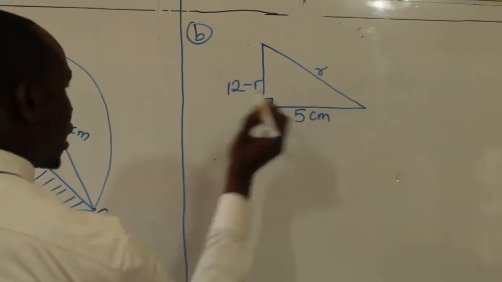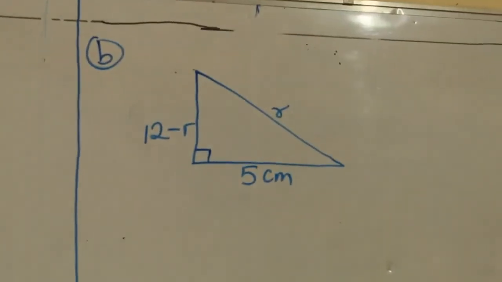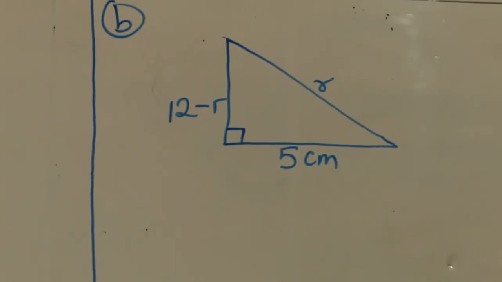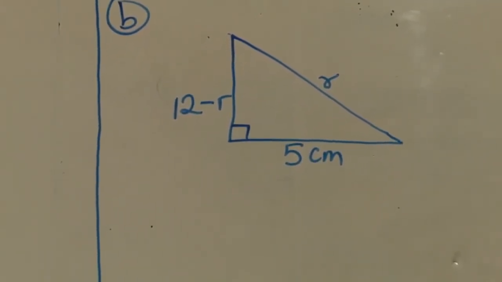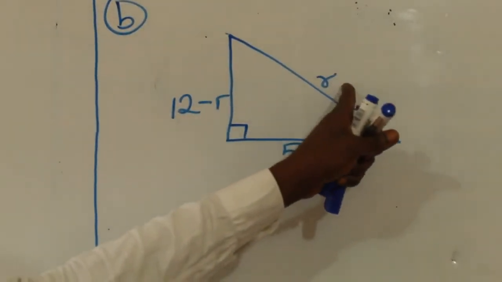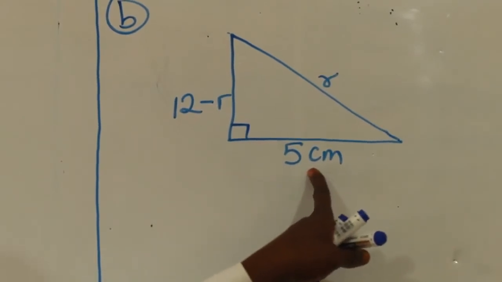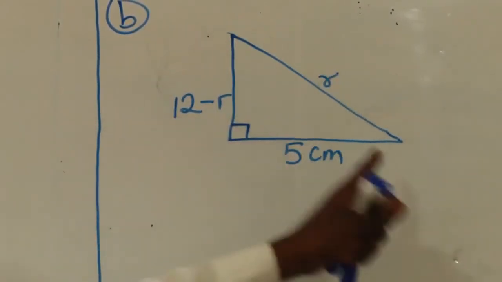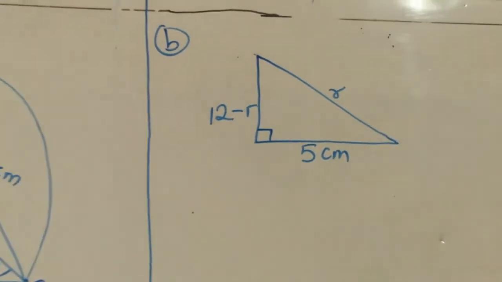This is a right angle triangle as well. I have one part to be 12 minus R, another part to be R, which is the hypotenuse, and this other part to be 5. With this, I can find the radius of the circle.